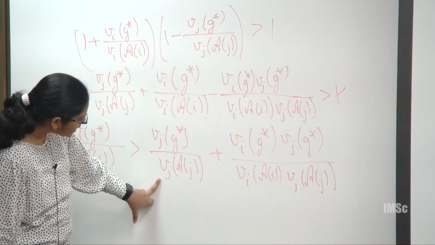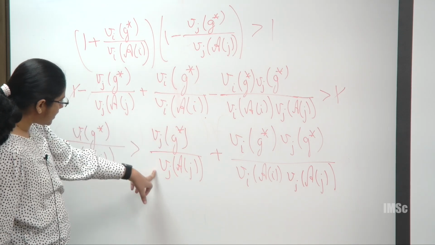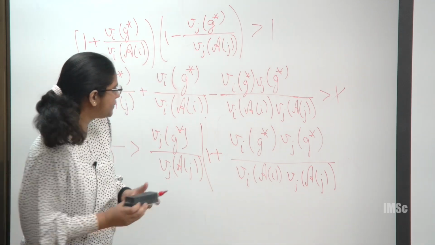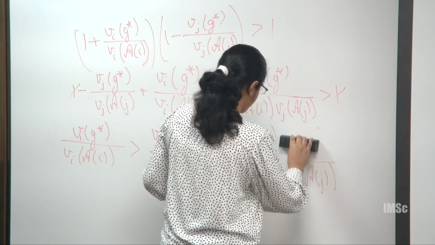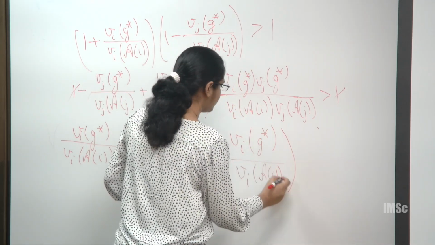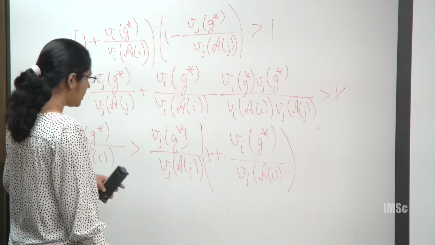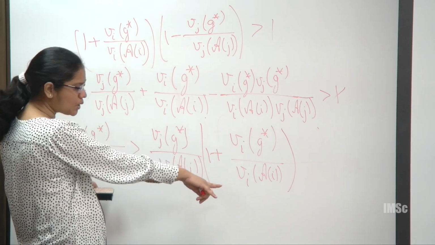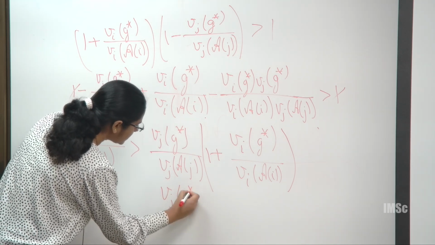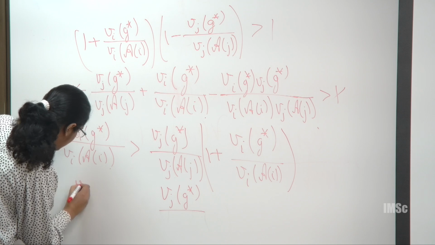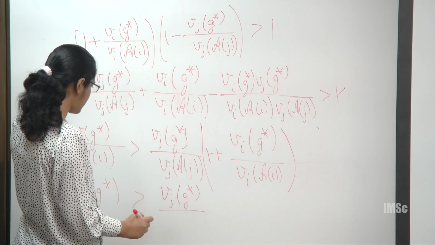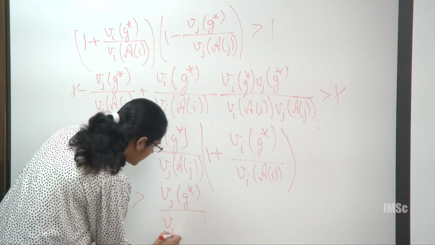Now, you can see that Vj G star is there, Vj Aj is there also, so I can take this common. Now, Vi Ai is here, Vi Ai here also. So, I can say that Vi G star over Vi Ai plus Vi G star is greater than Vj G star over Vj Aj.